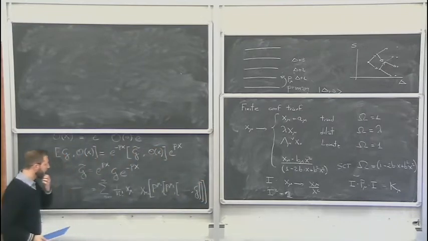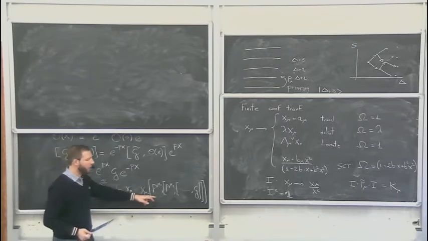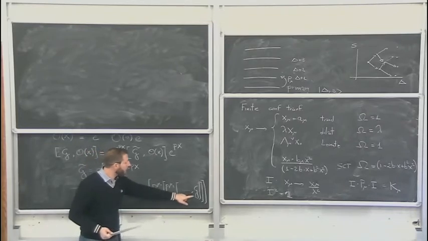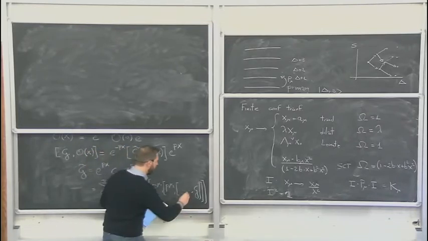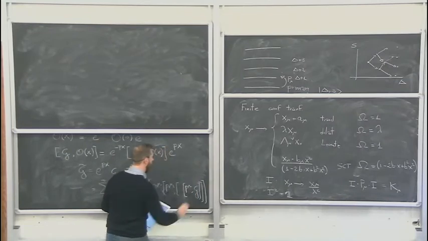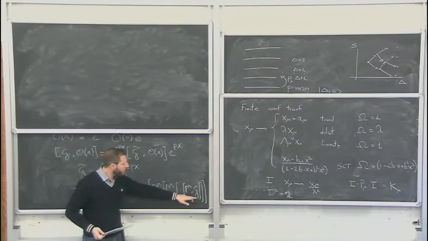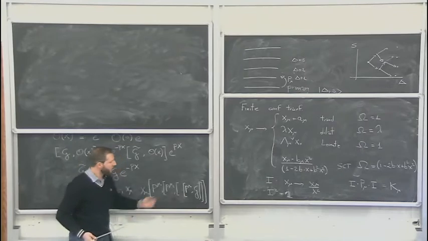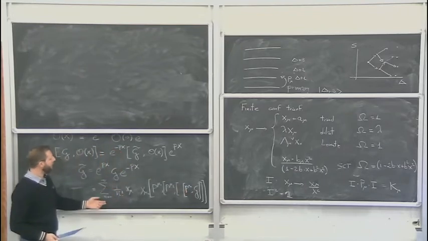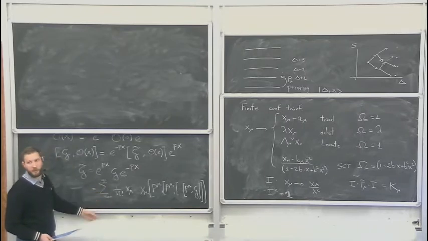Okay, so this might look very horrible, but if, for instance, the commutation relation of the generator G with P is proportional to P, you see that this object vanishes identically. So whenever the commutation relation of G and P is proportional to P, this is truncated at very simple order.